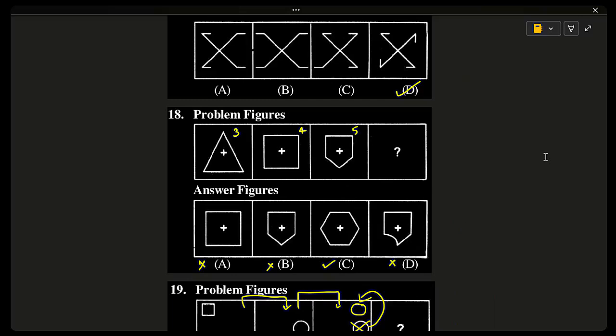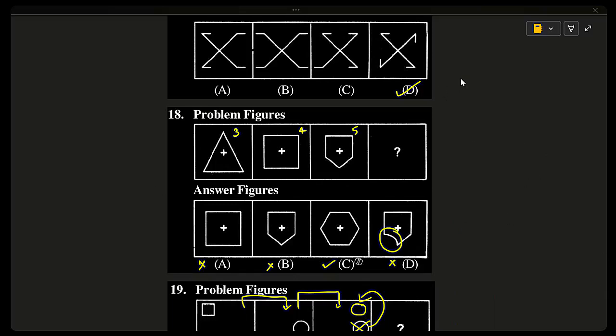That is a problem. Pentagon. In option B, pentagon is there. In option C, hexagon is there. Option D is wrong. In the question figures, all are having sides, but there is a curve. It's very simple. Don't complicate it.